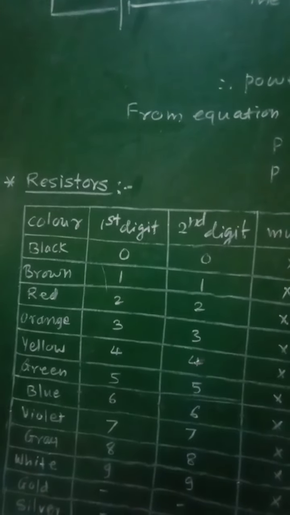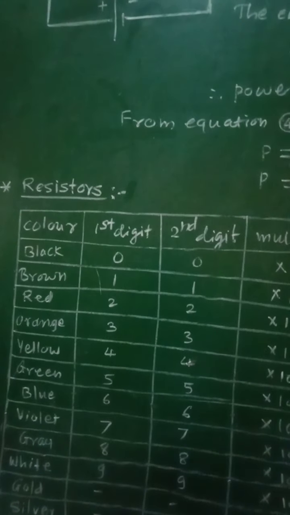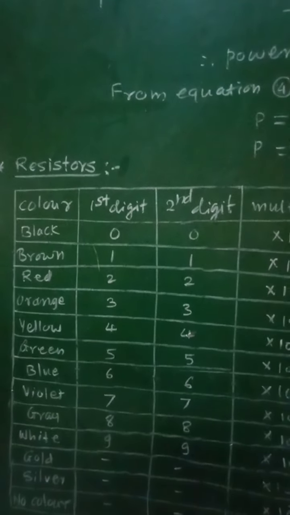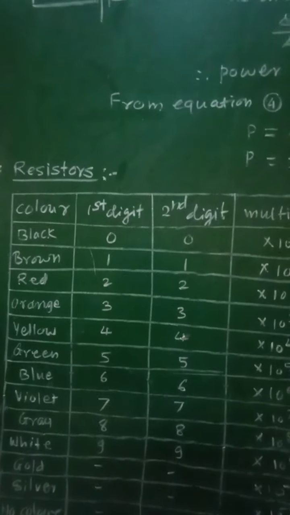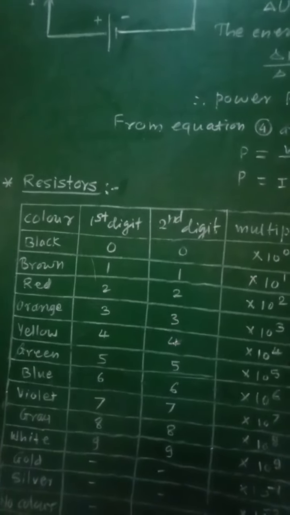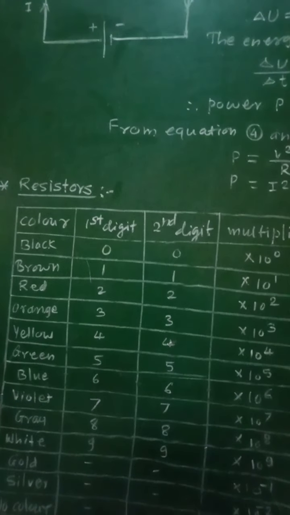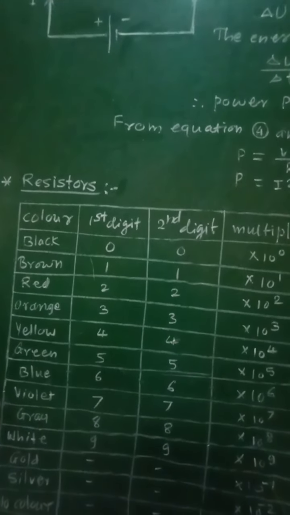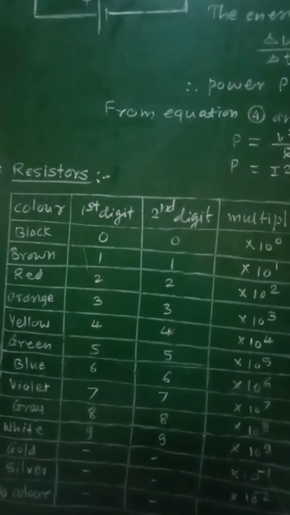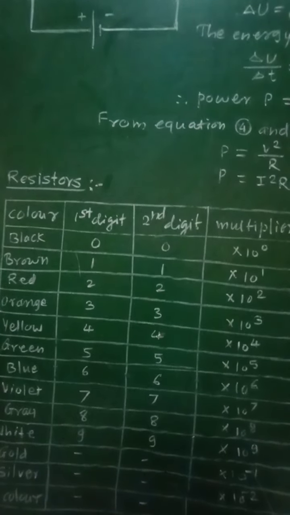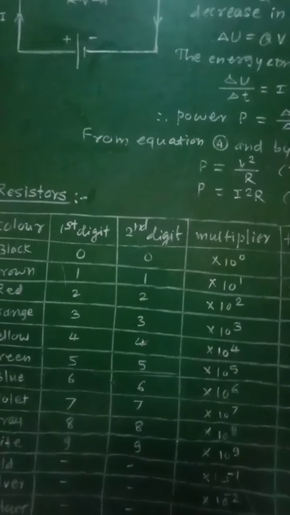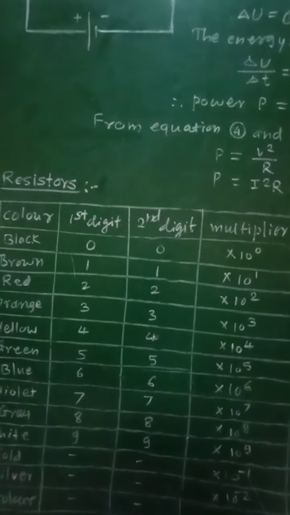Now we know that resistors are used to limit or control the current flowing through any circuit. So the current flowing through any circuit will be controlled or limited by using resistors. If you consider these resistors, there are two types: carbon resistors and wire wound resistors.